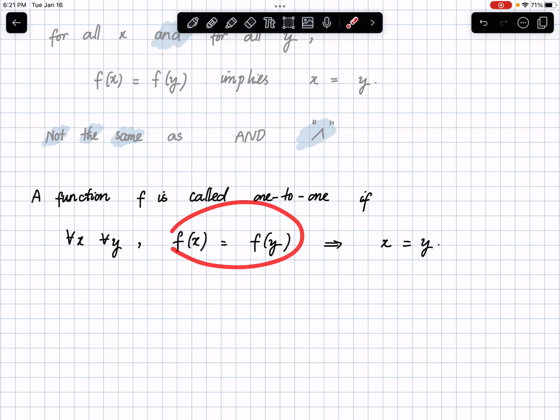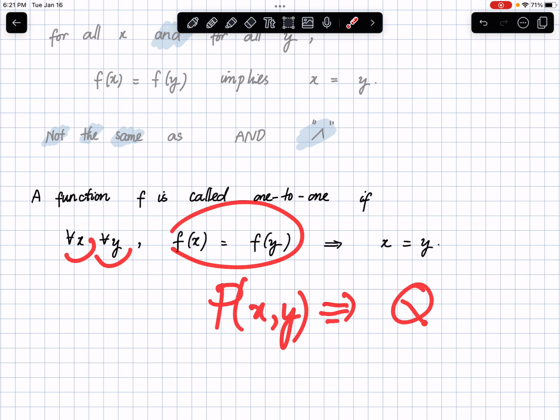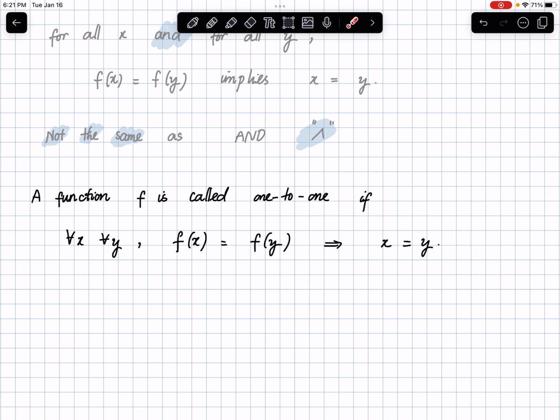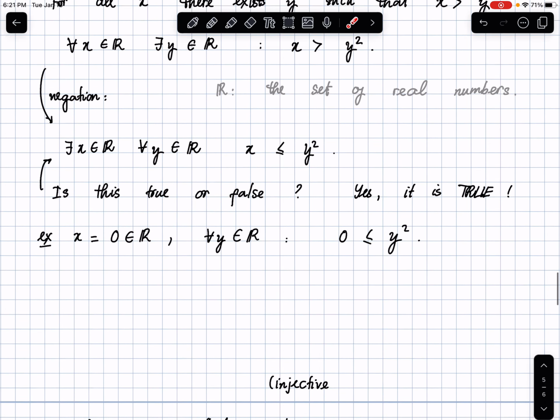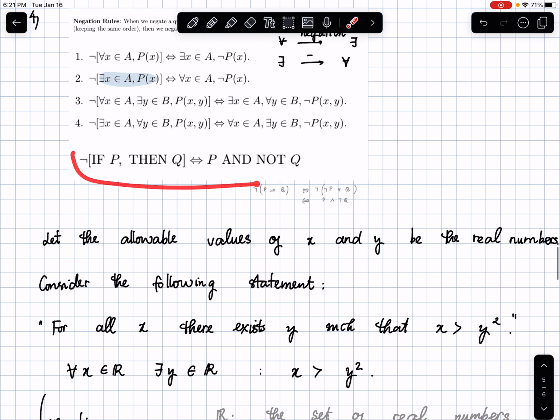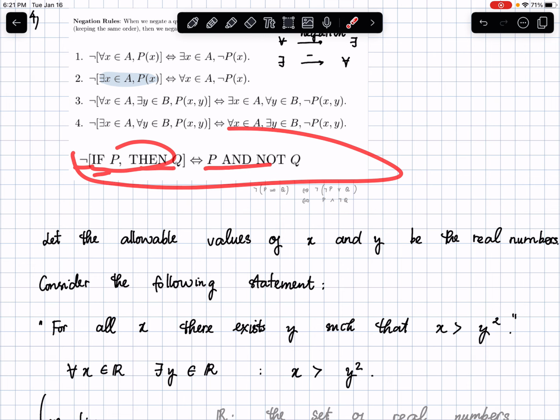So this is for all x, for all y, p(x,y) implies q(x,y). And how do we negate this statement? We change for all to there exists, and use the negation rule here: if p then q, the negation of this statement is p and not q.